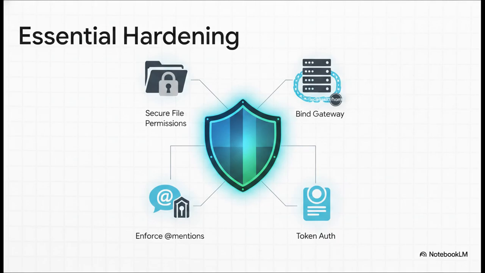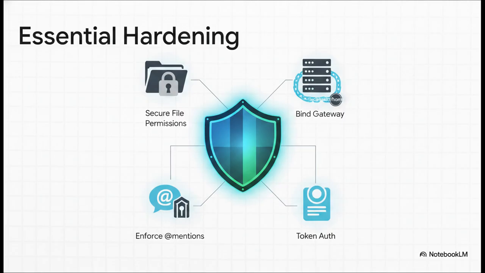To mitigate these massive risks, you simply cannot rely on the default settings. You've got to apply essential hardening configurations. First things first, execute chmod 700 on your .openclaw directory. This mathematically restricts read, write, and execute permissions strictly to the owner, which hides all those plaintext API keys from anyone else on the machine. Second, make sure your gateway is strictly bound to localhost, so 127.0.0.1.